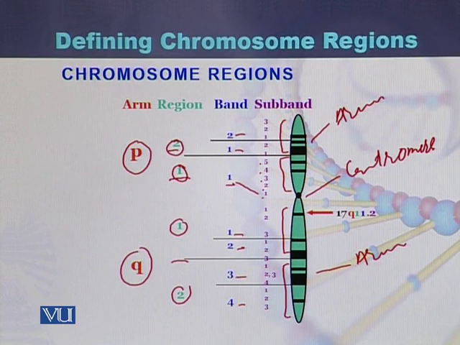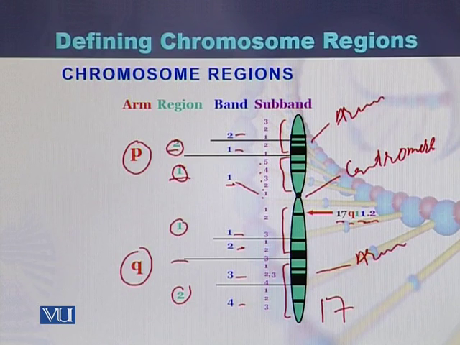If a gene is located, for example, on chromosome 17q11.2, then how will we identify which one is the band or which one is the region where that gene is located? Look at the example. Let's say this is chromosome 17 and the gene is located on 17q11.2.